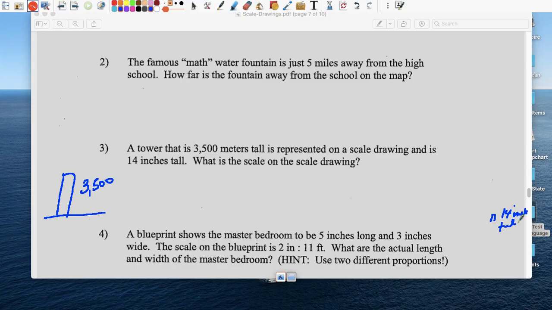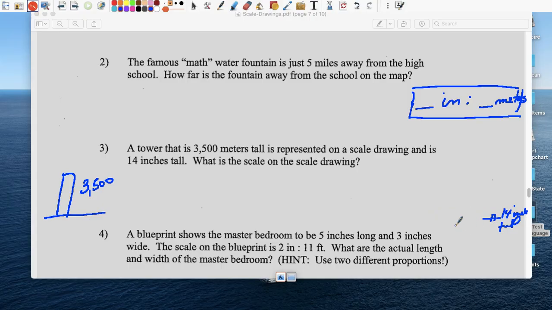So there's a scale somewhere in our drawing that says 1 inch in my tower represents this many meters in real life. So we want to find these two numbers. What is the scale that I use? I just didn't draw this little tower in my notebook.